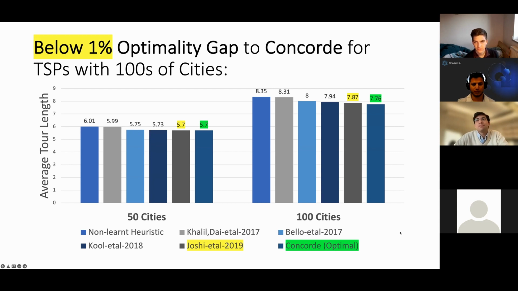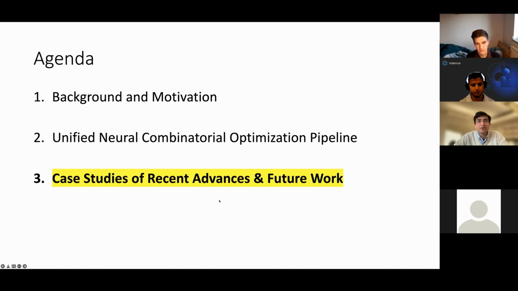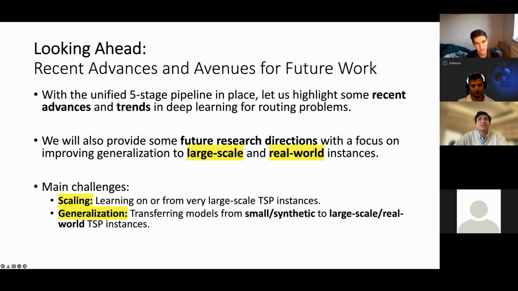So a very experimental way to evaluate these methods, but we were already really close to 1% for solving TSPs with 100 nodes.